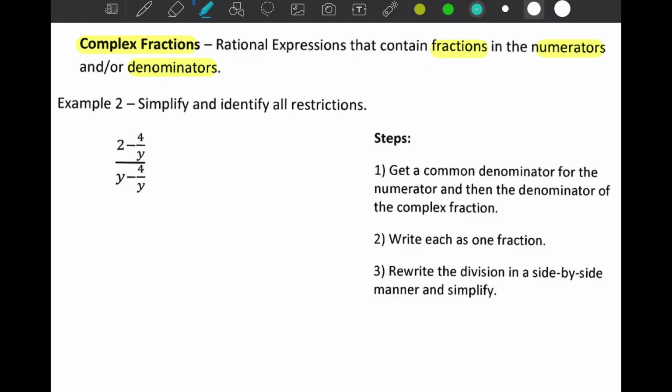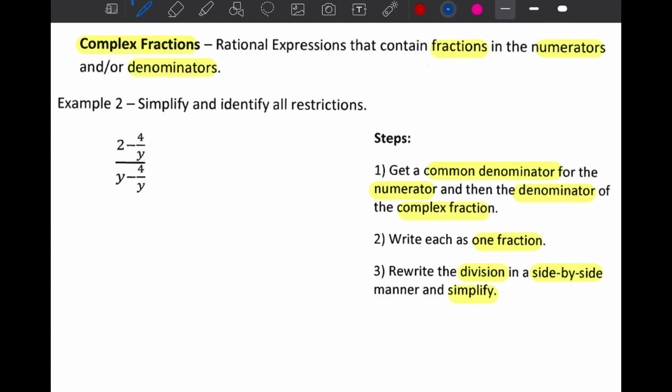In order for you to solve complex fractions, we do have to follow a couple of steps. First step would be to get a common denominator for the numerator, then the denominator of the complex fraction. And then you're going to write that as one fraction. And finally, rewrite the division in a side-by-side manner and then simplify.